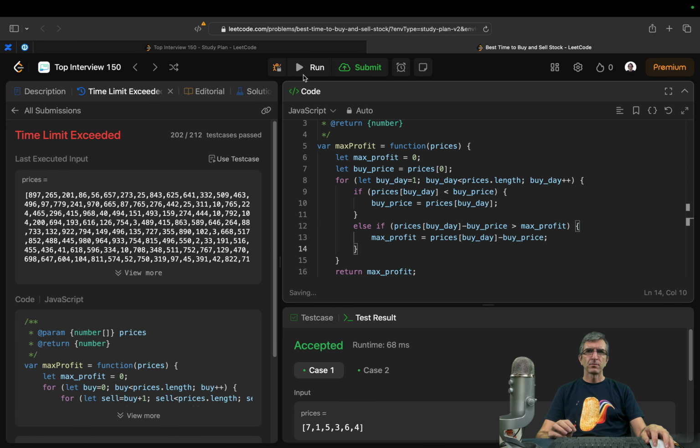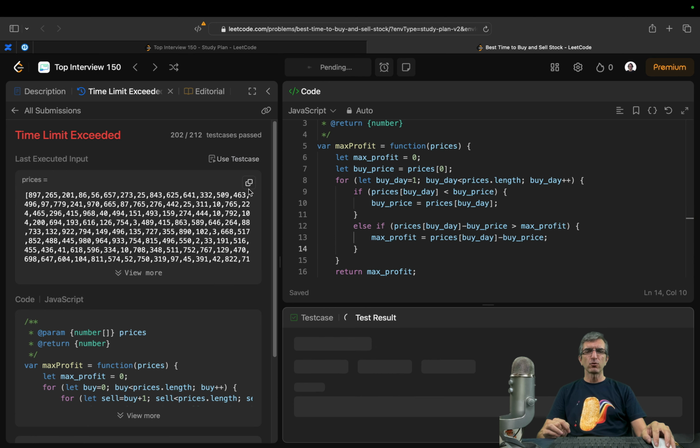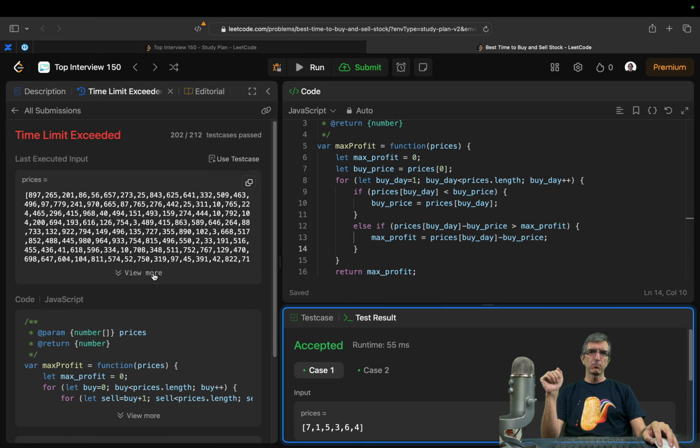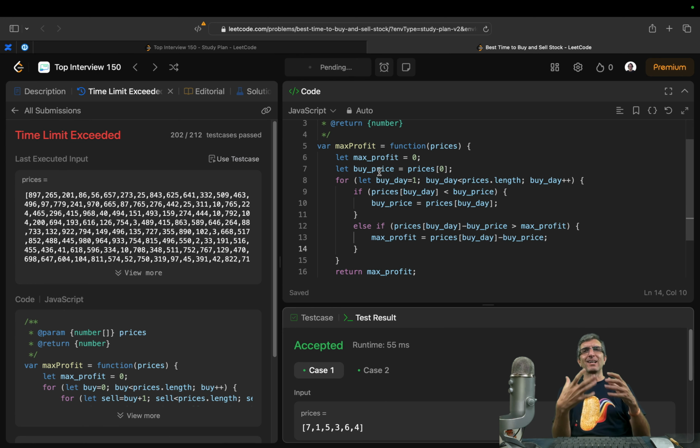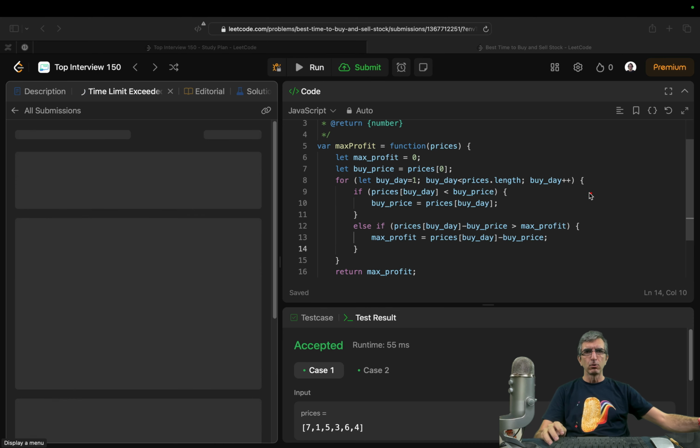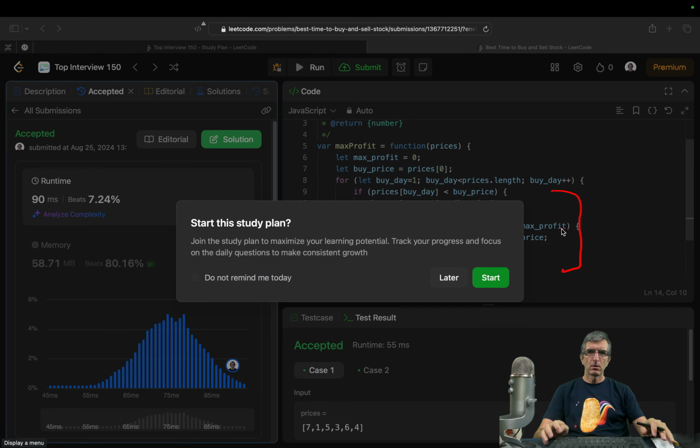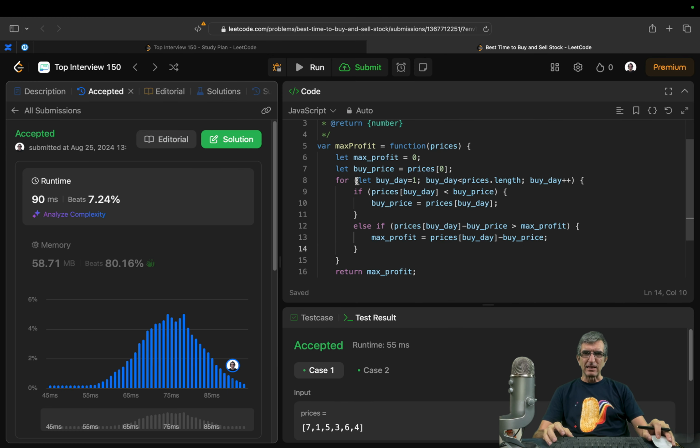Let's try it. Remember, on the previous run, which was O(n) to the power of 2, time limit exceeded because input got so large that we were not able to do the calculation on time. Now it's much better, although we have more calculations here. Let's run it once more.